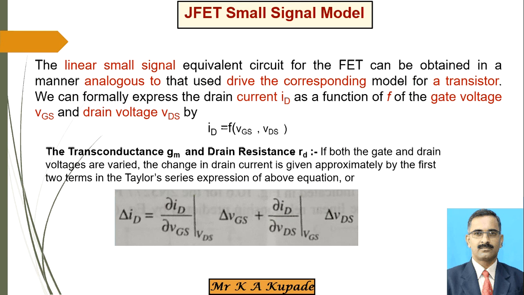So this entire expression gives two terms, one with respect to VGS and one with respect to VDS. In that, delta ID is equal to the derivative of ID with respect to VGS, plus the derivative of ID with respect to VDS, with VDS and VGS held constant respectively, into delta VDS. This expression gives this particular result.